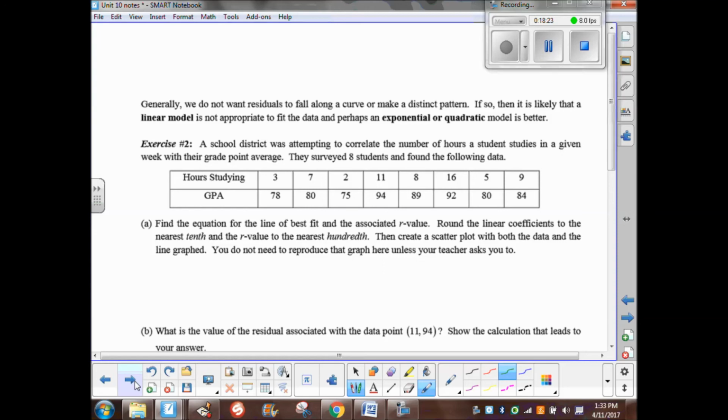Let's flip it. It says, generally, we do not want residuals. This was our little summary that I put on the front there. We do not want residuals to fall along a curve or make a distinct pattern. Do not want.